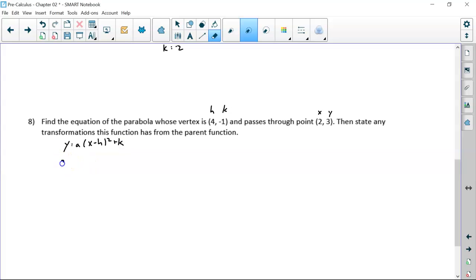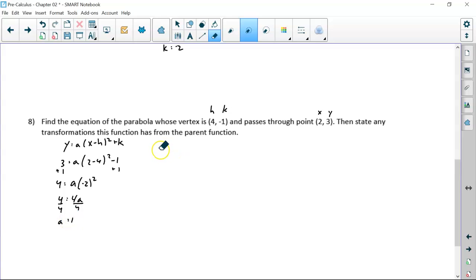So y, which is 3, equals A, which we're looking for, times (2 minus 4) squared, and then minus 1. We can add 1 to both sides, so we get 4 equals A times (2 minus 4, which is -2) squared. So 4 equals 4A. Divide both sides by 4, and our value for A is 1.